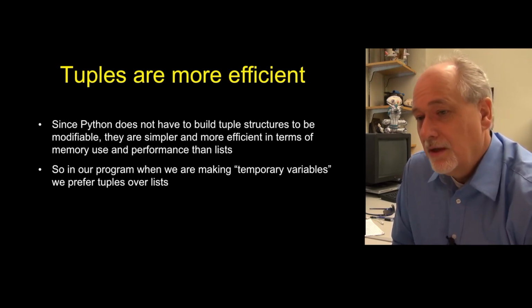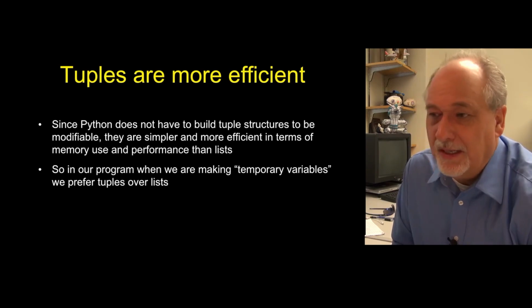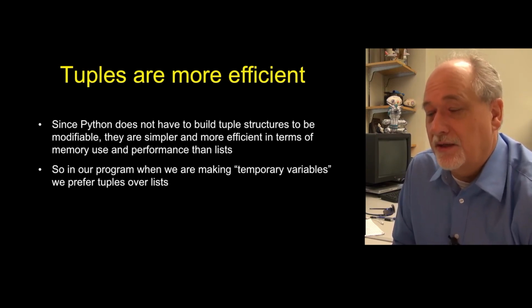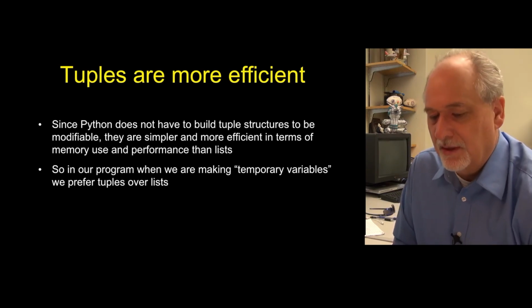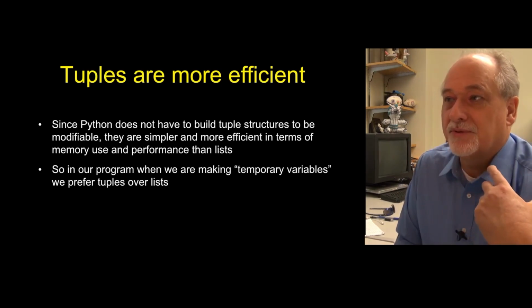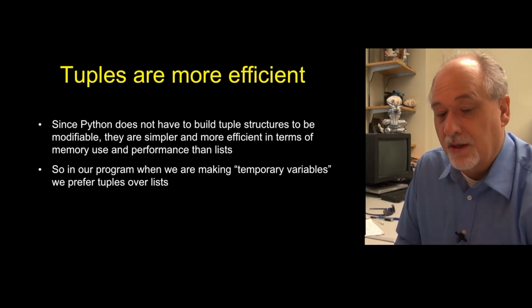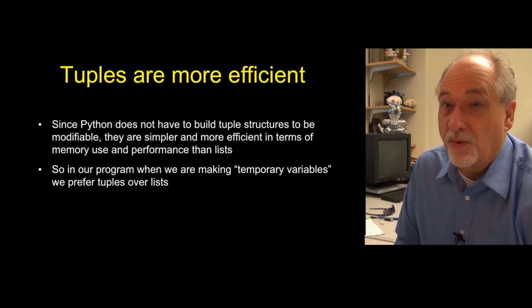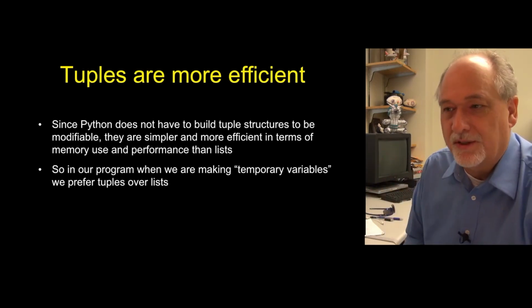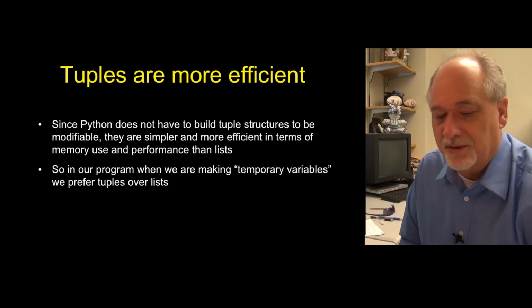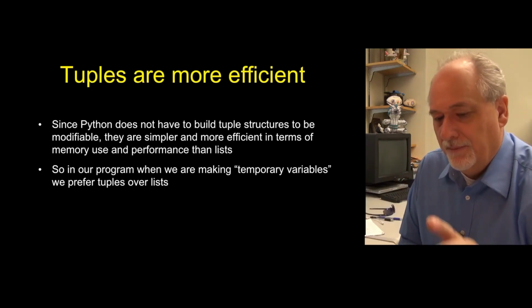Makes sense. So it's higher performance and better memory use, and to a beginning programmer that doesn't really matter, but that's the reason. And so we tend to use tuples in situations where we're going to make a temporary variable, use it just a little bit, and then throw it away without really messing with it. We tend to use lists to build things up. I think I get what he's saying.